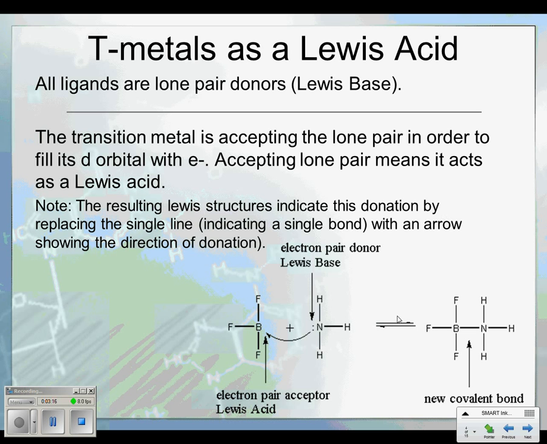So right here is an example of BF3 plus NH3, and so the electron pair from ammonia is being donated, and as it is donated, it's actually forming a new covalent bond. And since ammonia donated both of the electrons, not just each of them sharing one, that's why you have this coordination, or coordinate covalent bond here.